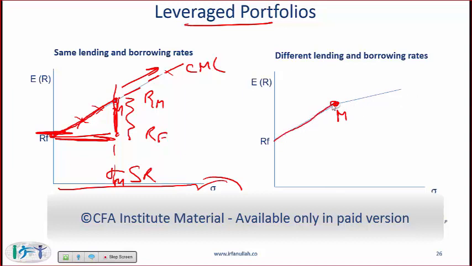This part of the curve has the same equation, but the other part of the curve, that equation is shown right here. The only difference between these two equations is that here, instead of saying the risk-free, we use RB, and since RB is higher than the risk-free rate, the slope becomes less. The logical explanation to this is, since you are borrowing at a higher rate, the extra return you get per unit of risk is lower.